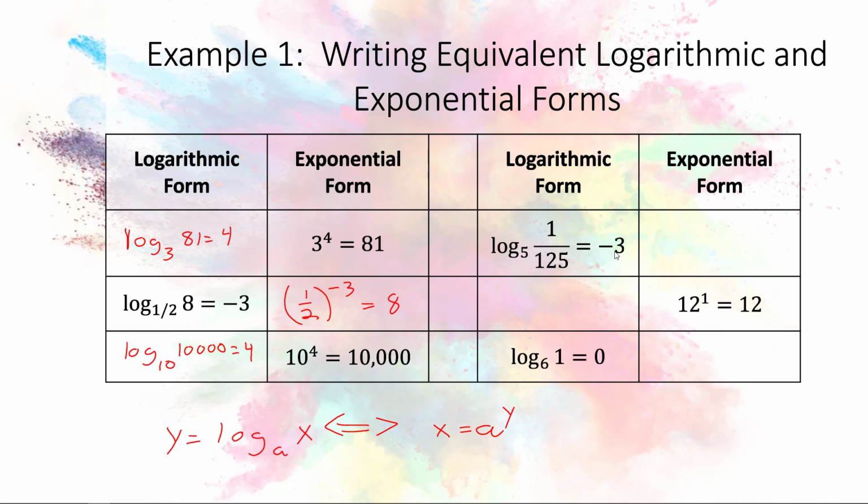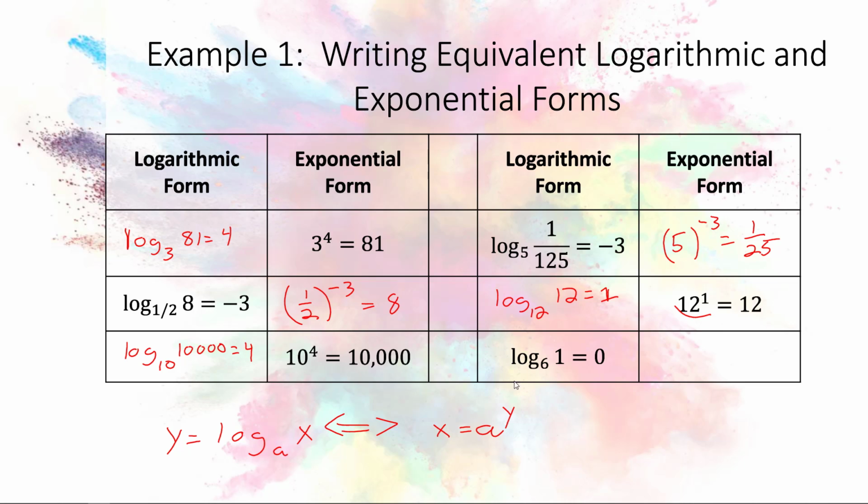Coming over here, once again, we have log base 5, so we're going to have a 5 here. All right, and now we are going to raise this to the -3 power, and if we do, we will have 125. Now for this one, we have log base 12, okay, and our argument is 12, and in order to achieve 12, we need to raise the base to the 1st power, and there we go.